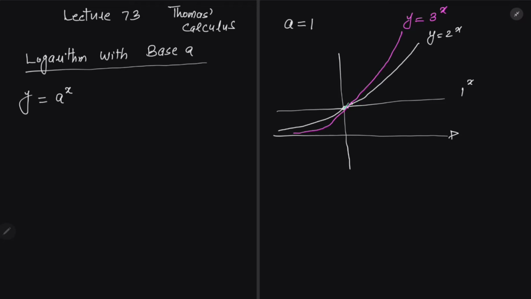Then we have 10 raised to power x, and so on.